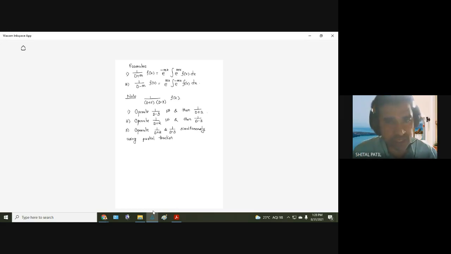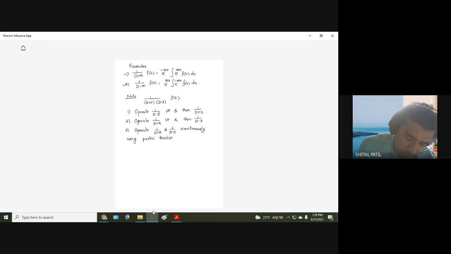These are the three different methods. Now let me go through the example. We understood the theory and what the formulas are. For the time being, remember these two formulas, formula number 1 and formula number 2, and then remember the note so that we'll be able to solve the examples.